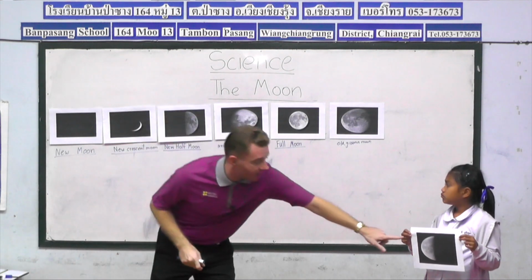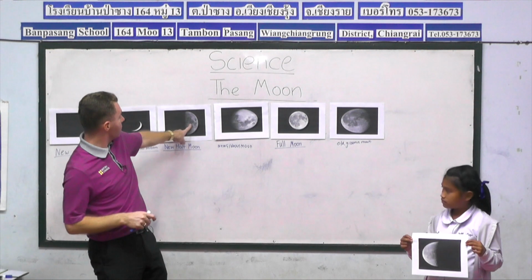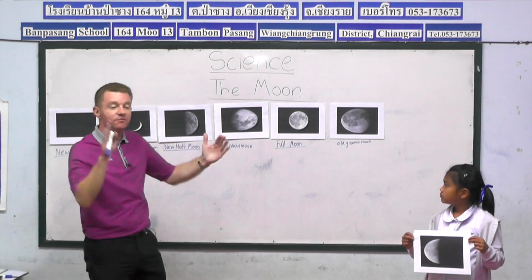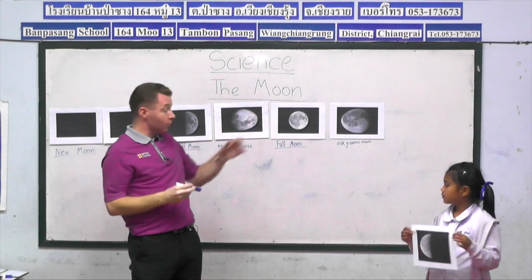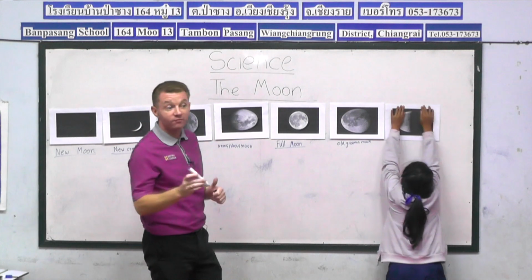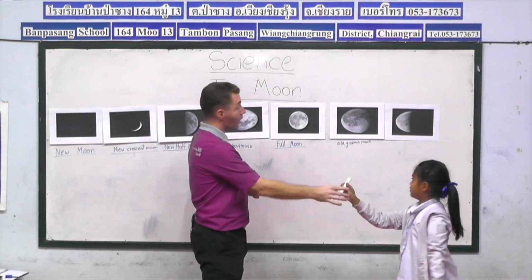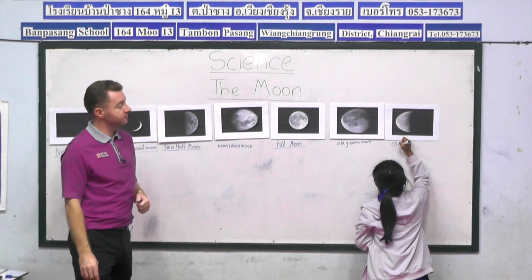Yes, notice how now we can see this part that we couldn't see before, but we can't see the part that we've seen before because the sun has rotated. So Pak Bung, you can place this onto the board and it's the old half moon. So old, O-L-D.